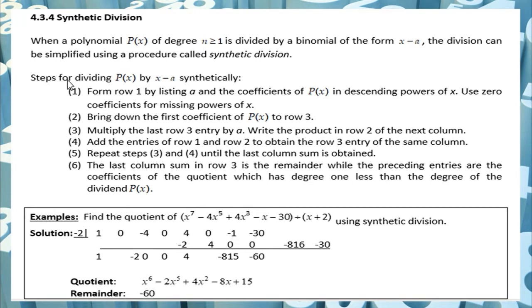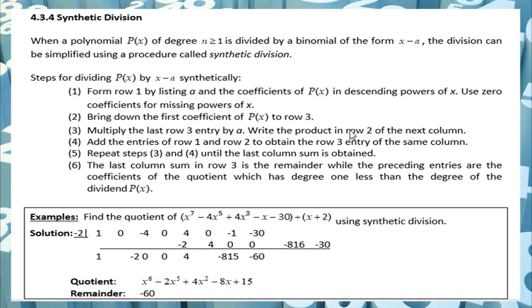Okay, here are the steps for dividing p of x by x minus a synthetically. First, form row 1 by listing a and the coefficients of p of x in descending powers of x. Use 0 coefficients for missing powers of x. Second, bring down the first coefficient of p of x to row 3. Third, multiply the last row 3 entry by a.